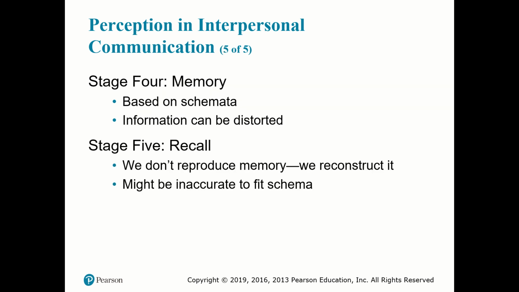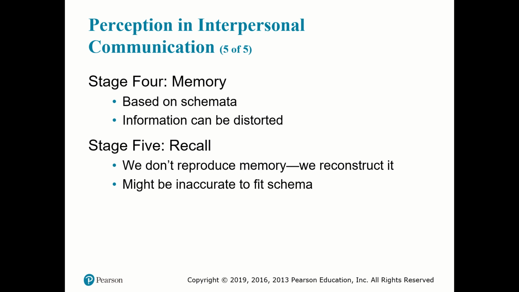Stage 4 is memory. So the way you remember an event and how it unfolded will be impacted by your schemata, the way that you anticipated the people in that situation to behave. Whether or not your memory is accurate is a different thing.